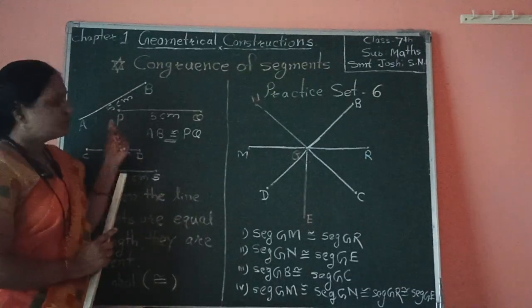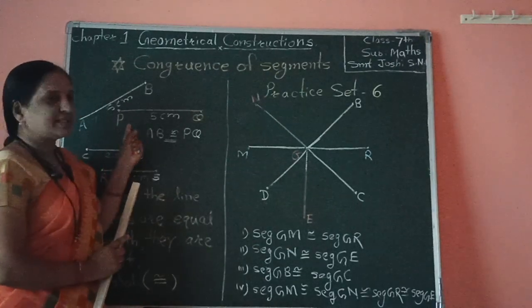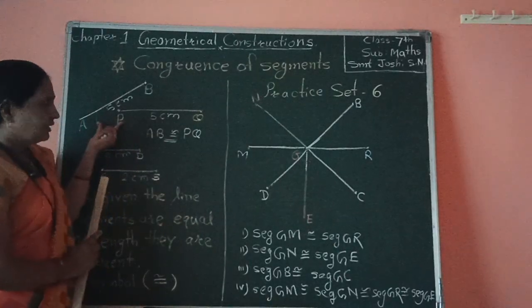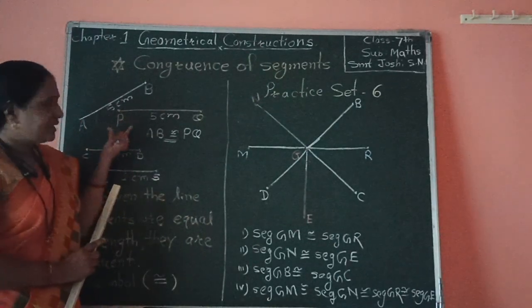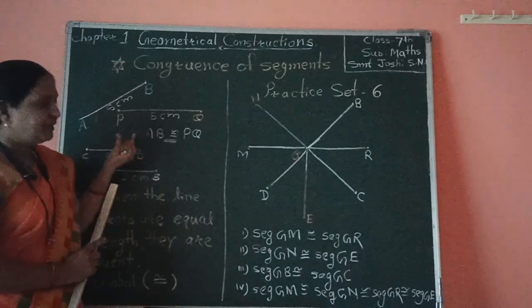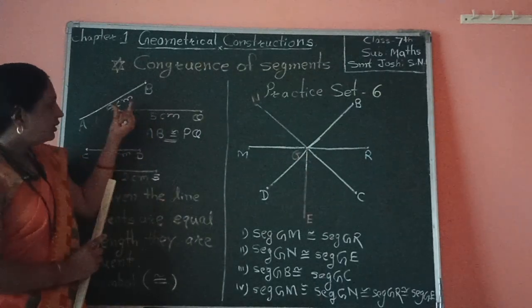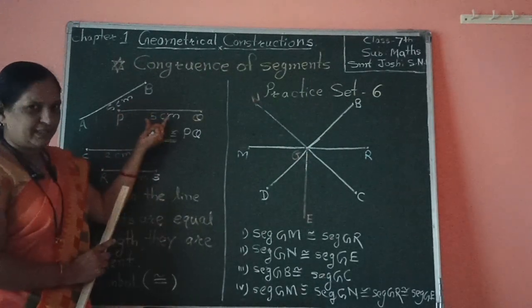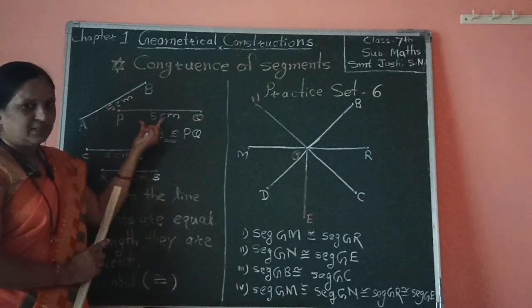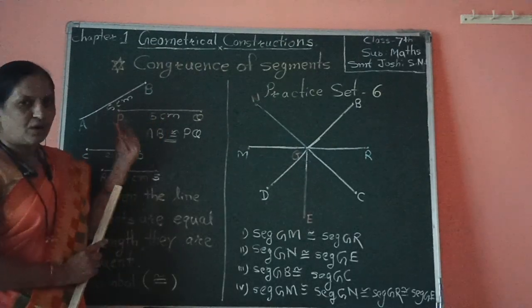When the lengths of two or more line segments are equal, then these line segments are said to be congruent. Congruent means ekrup.